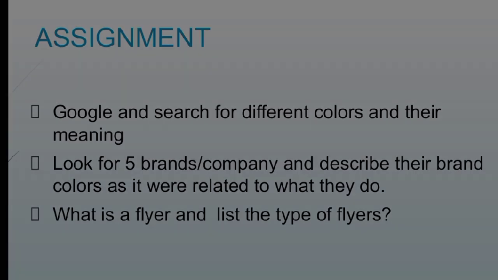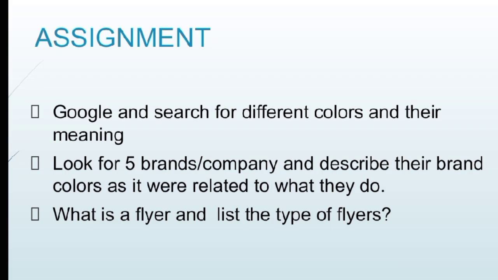So at the end of this class, you'll be going with an assignment that you need to do and submit to the group. You need to Google search different colors and their meaning.